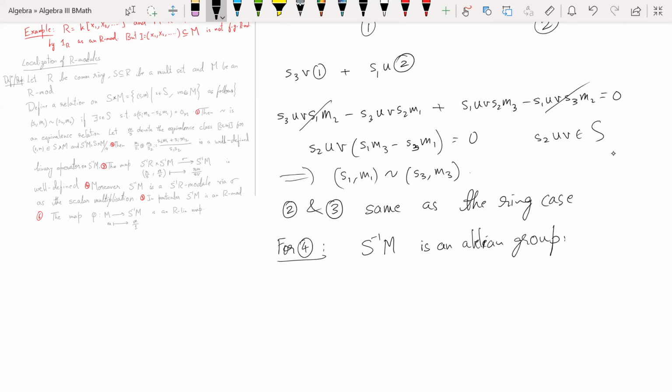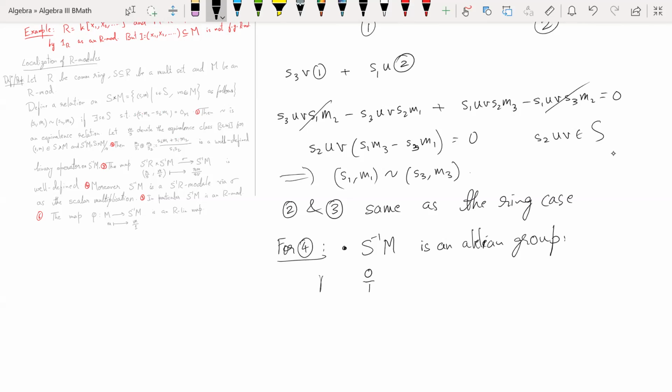So for that, first thing we have to check is that S inverse M is an abelian group. So the elements of S inverse M are equivalence classes like this. So 0 over 1, we want to say that 0 over 1 is the additive identity.